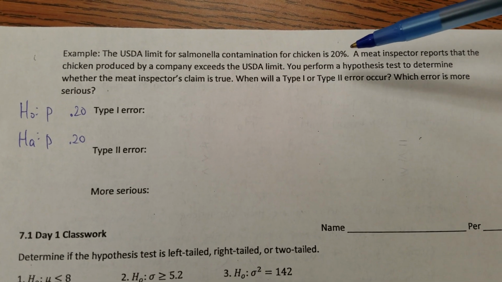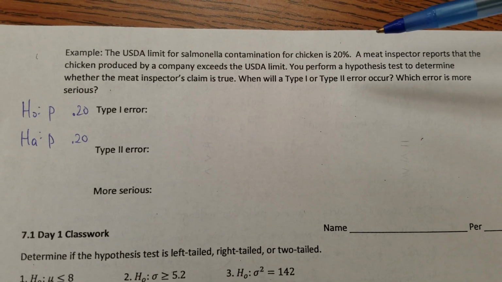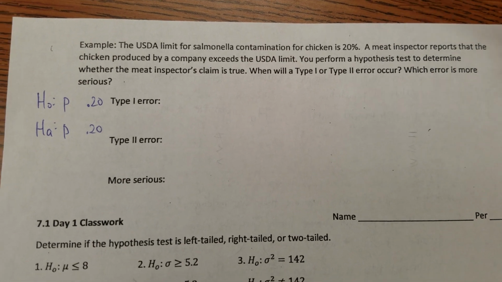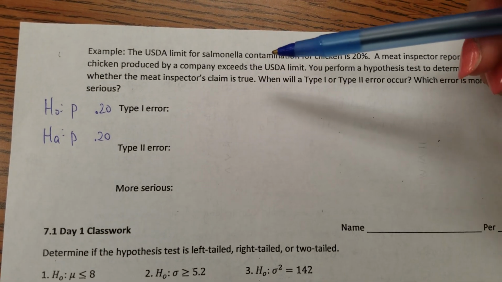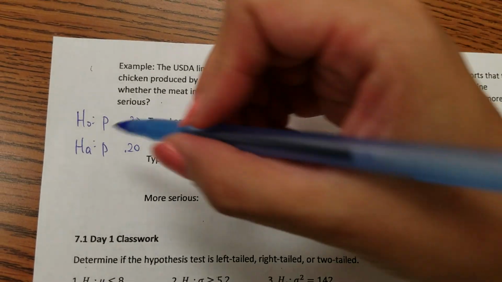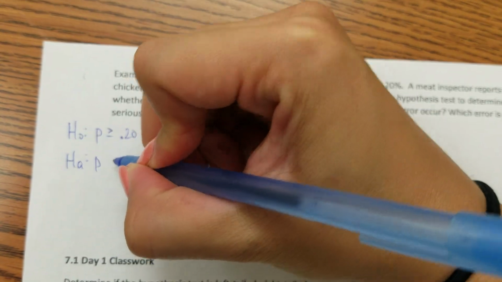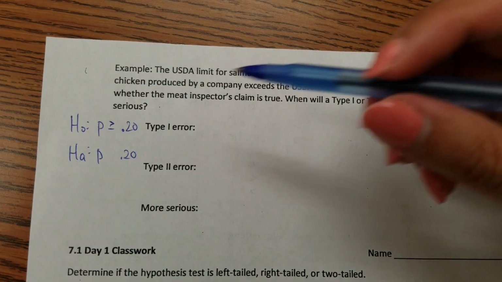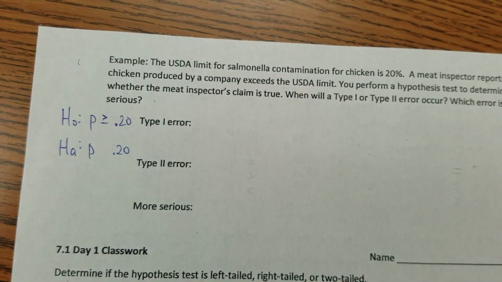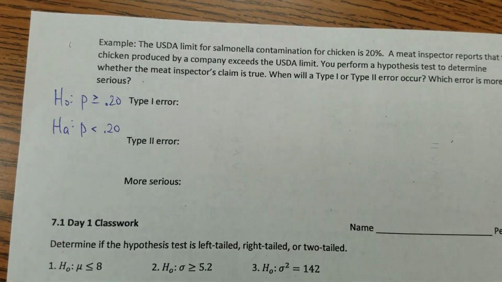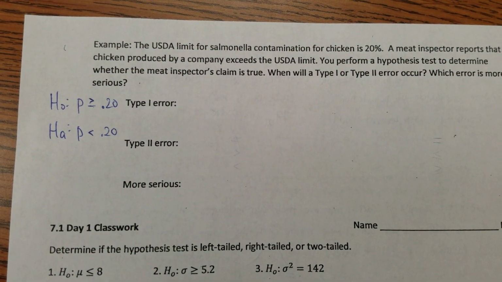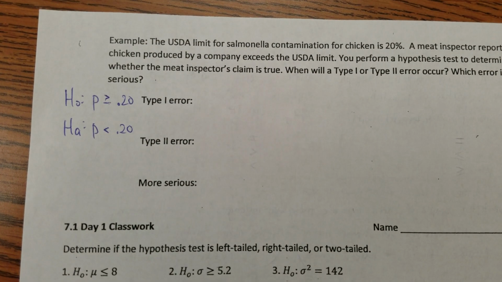So if the limit is 20%, we obviously don't want that. We want less than that. So exceeds the USDA limit would be greater than or equal to. And because it's the equal sign, it's got to go in the H0. We actually want our salmonella to be less than 20%, and so that's why I'm putting that as my HA.